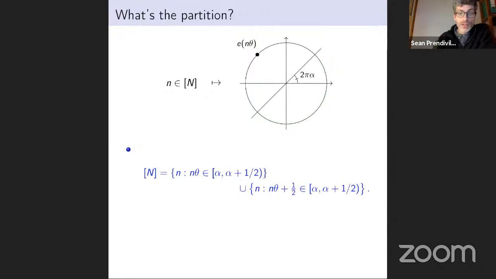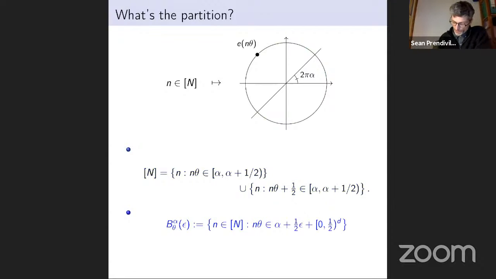And we can pull each half of the circle back. This part corresponds to our first half. You start at an angle of 2 pi alpha, and you go all the way to 2 pi alpha plus pi. And this corresponds to our second half. So we can definitely do this. This is definitely a partition into 2 sets of our interval.